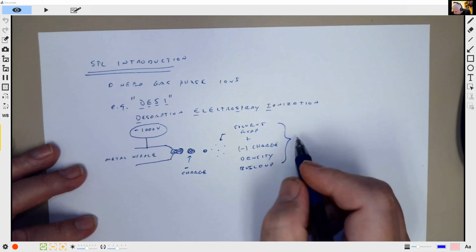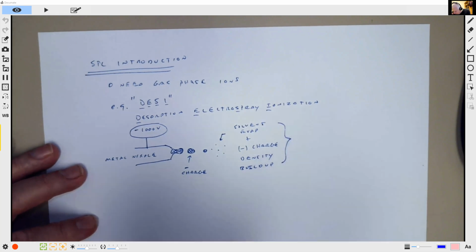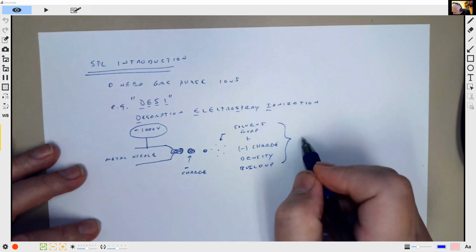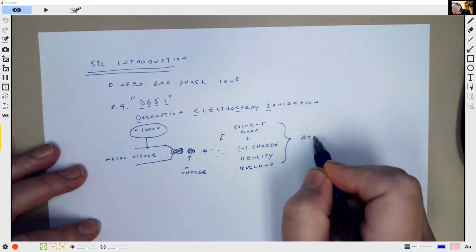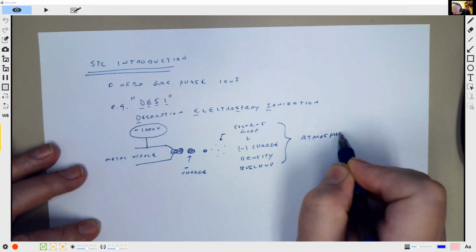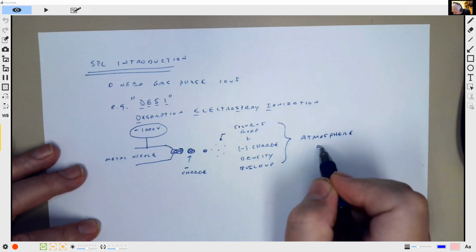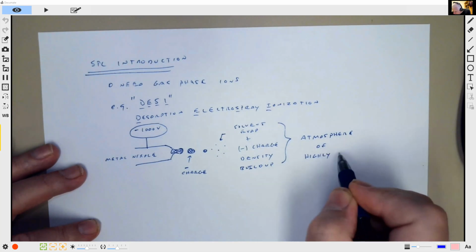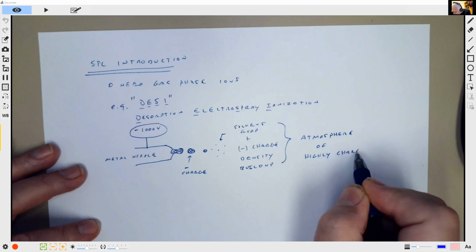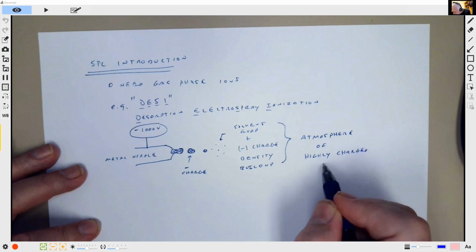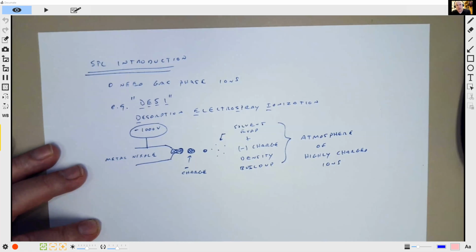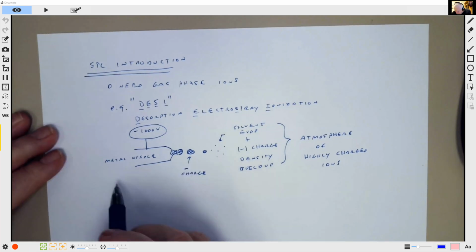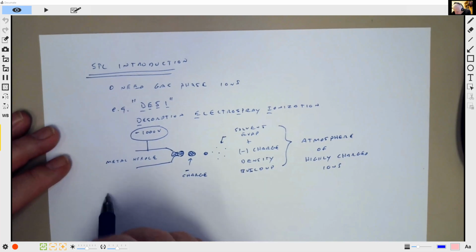These two phenomena combine to create an atmosphere of highly charged ions. And it's an interesting dynamic, right? And this whole process is called electrospray ionization.